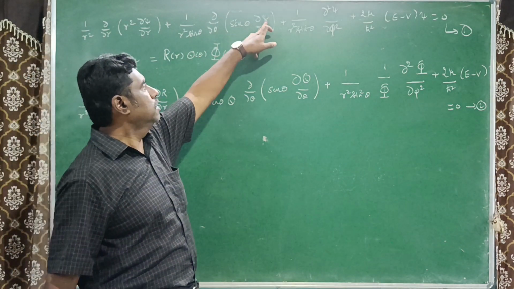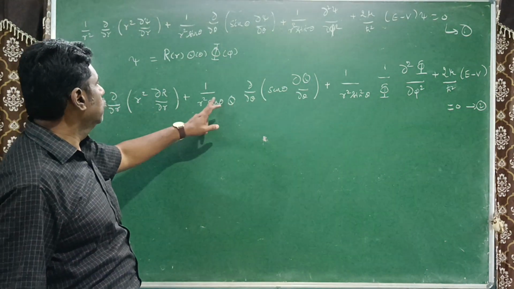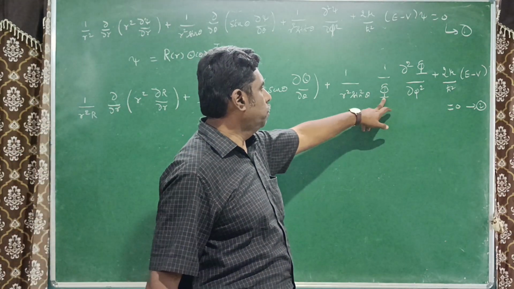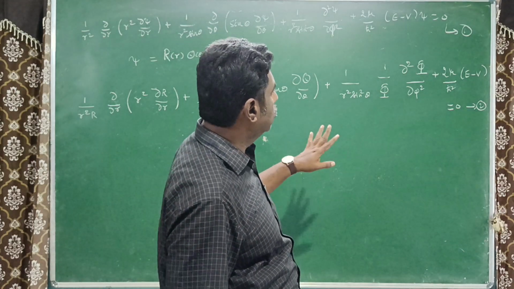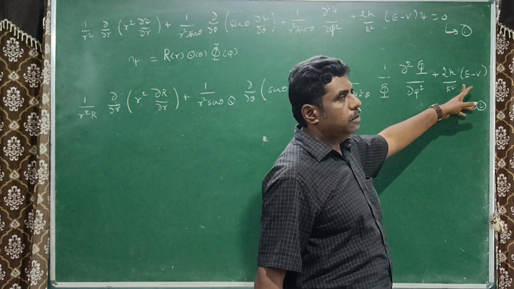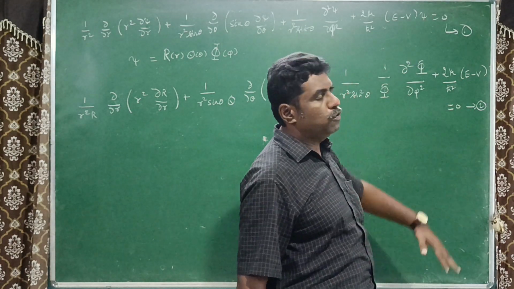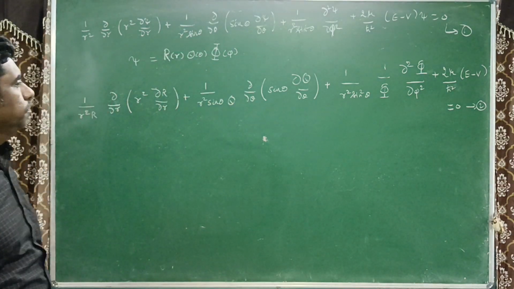Here theta is a variable, so theta is kept as such, and the remaining two terms, R and Phi, are cancelled. Here phi is a variable, so phi is kept as such, then R and Theta cancelled out. Here all are cancelled. Psi is replaced by R Theta Phi, whole divided by R Theta Phi. Entire is equal to 0.